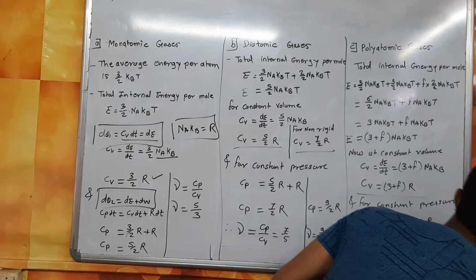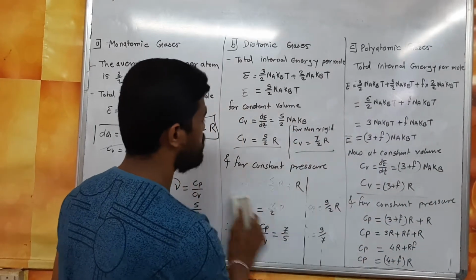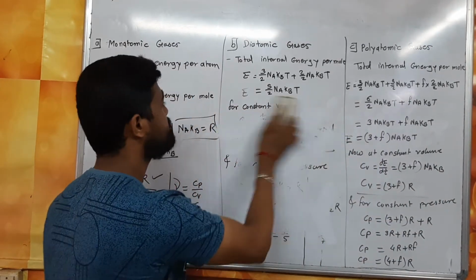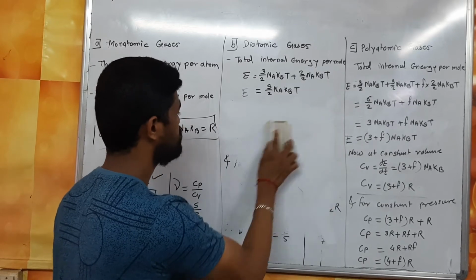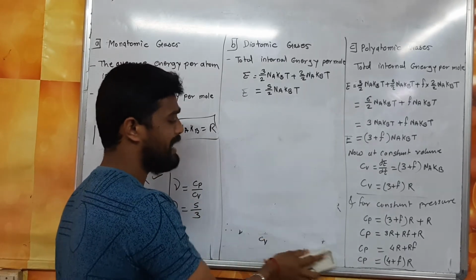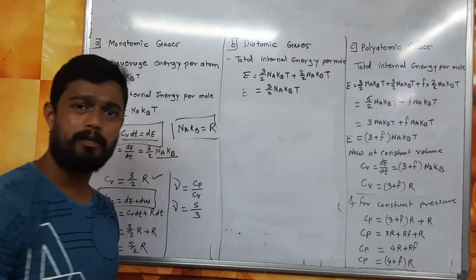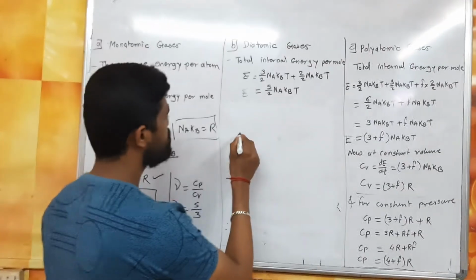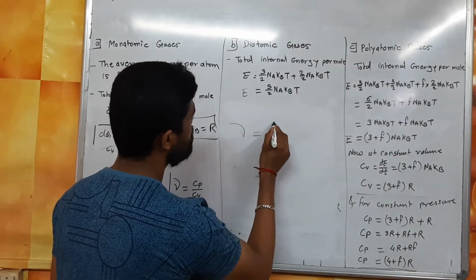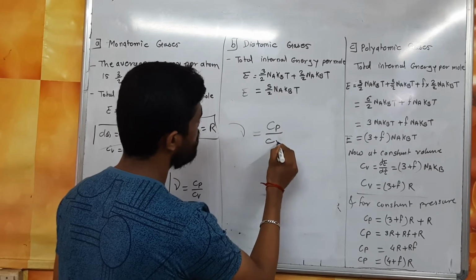So next, we find out the ratio of specific heat. What is my ratio? Just I divide Cp by Cv. So gamma is equal to Cp upon Cv.